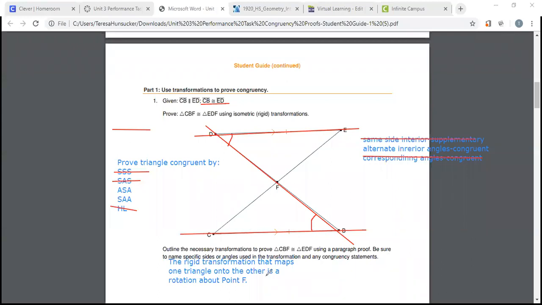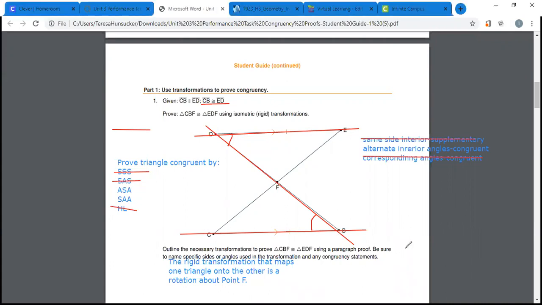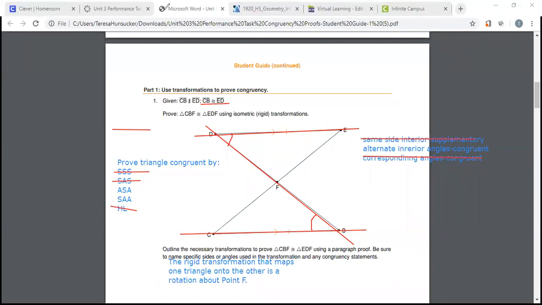So when you're making this paragraph proof, that's what you want to prove. Okay, you want to make sure you write that down, include that in that paragraph. That's angle EDF is congruent to CBF by the alternate interior angles theorem.